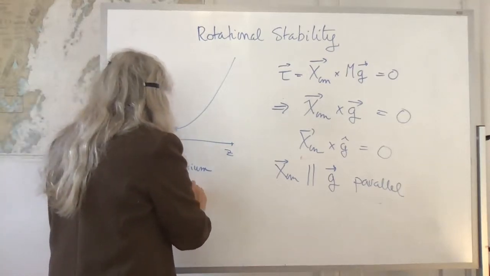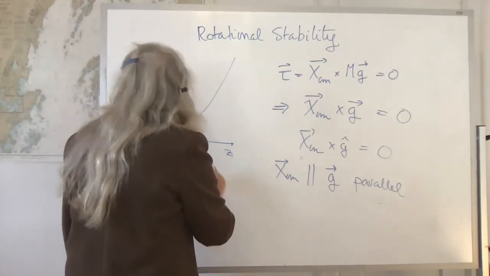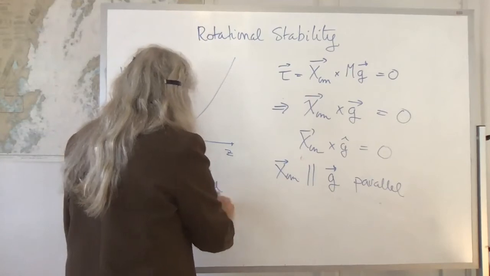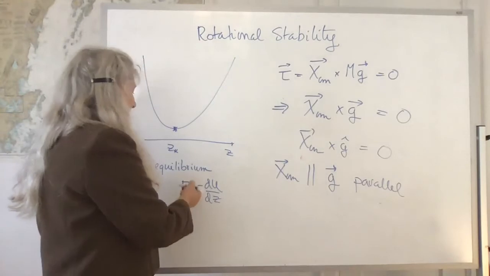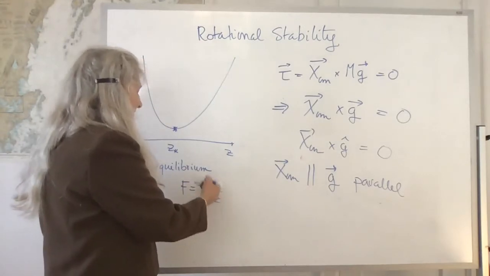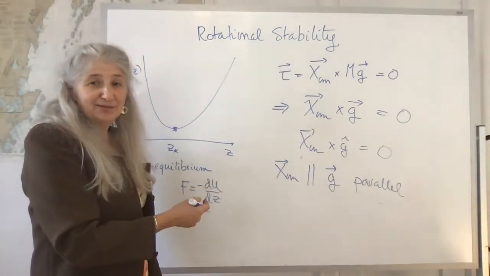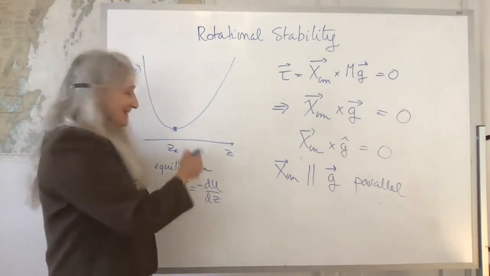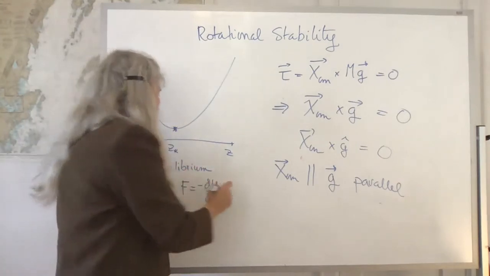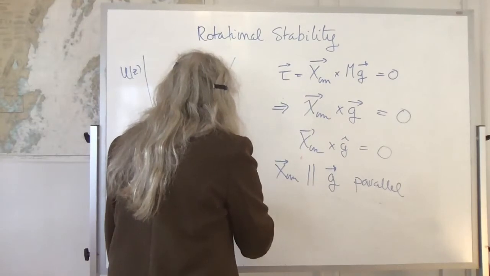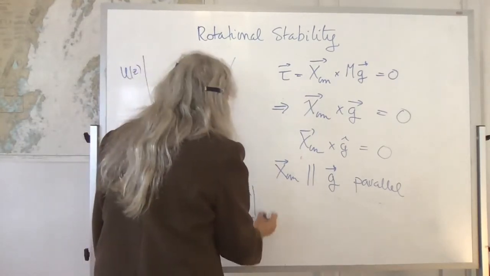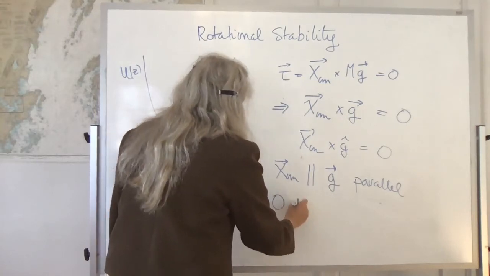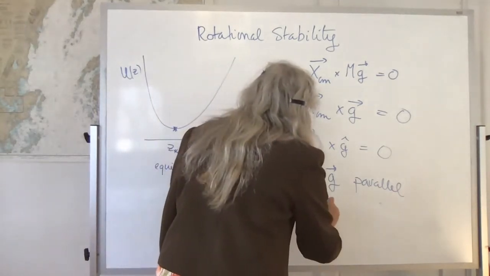So F is minus dU/dz, where z is the height of the center of mass. And at equilibrium this is 0, so the derivative is 0, and that's another way of saying it's a local minimum. So dU/dz evaluated at this equilibrium point is equal to 0.